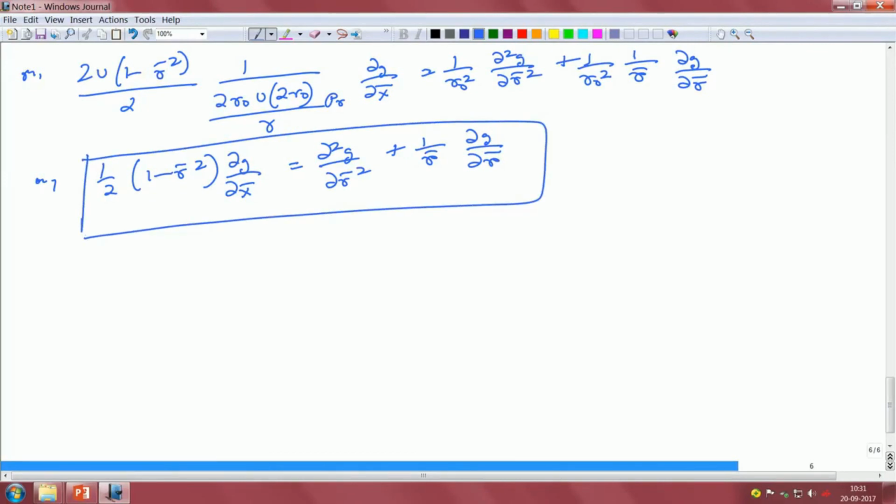Okay. As you can see, there are two variables, almost impossible to solve because g is no longer a function of only r. It is a function of both x and r, right.